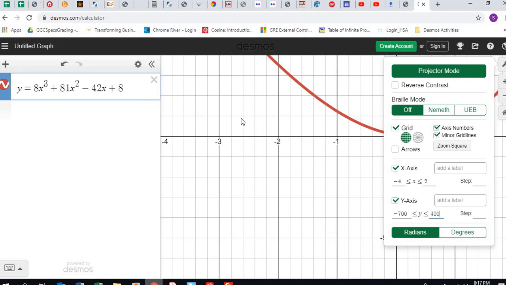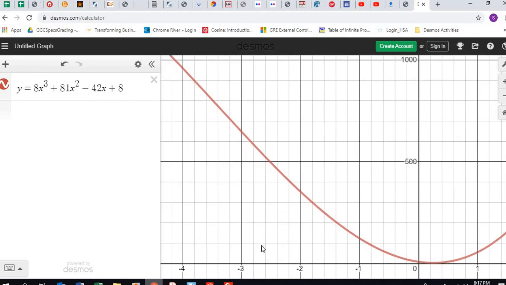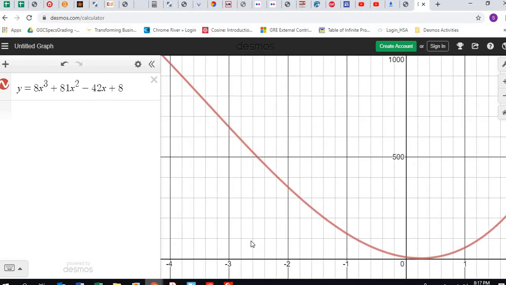And so if you take a look here at your function, something goofy is going on. So this is why we test ourselves.